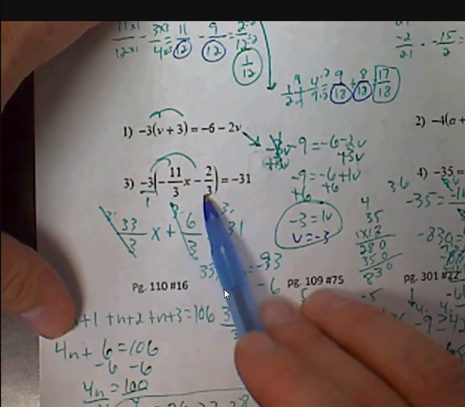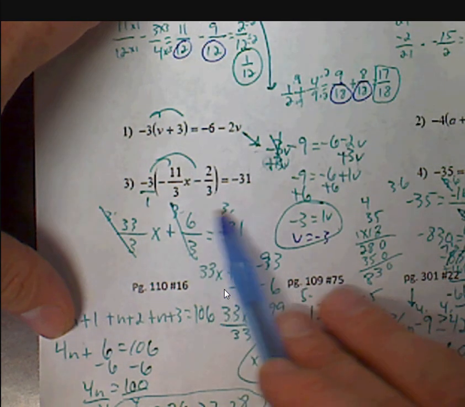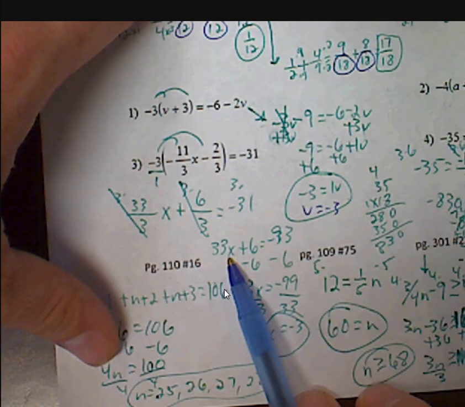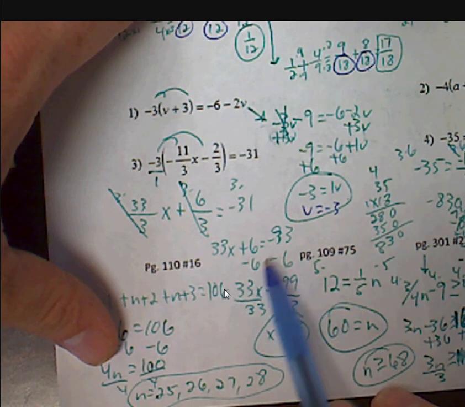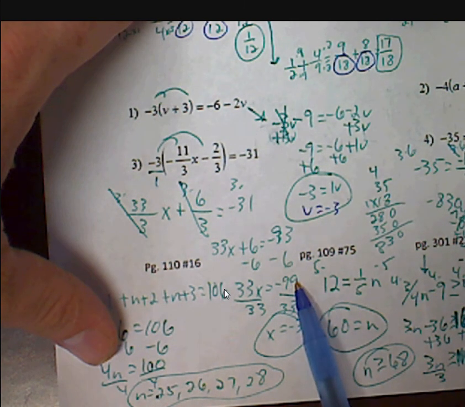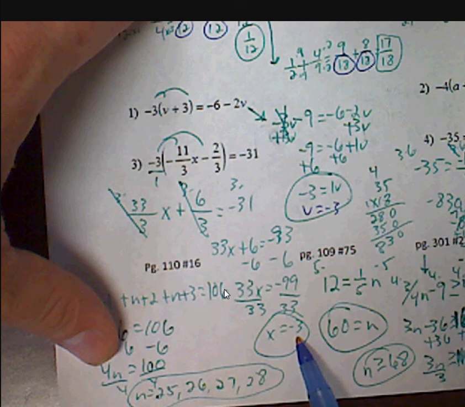And then I have 1 times 3 is 3. Multiply by your denominator. I see a 3, so I multiplied everything by 3. When you multiply everything by 3, you get 33x plus 6 equals negative 93. Get rid of my 6. Same signs, debt plus debt is more debt. I divided by 33. Negative 99 divided by 33 is negative 3.